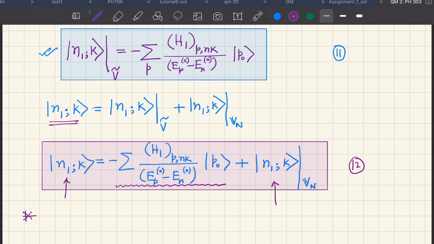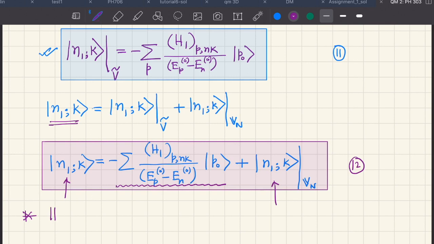One is the second order correction to energy, which we had denoted by E_n^(k,2), and the component of n1k along the degenerate subspace. So we will calculate both these things from the order lambda squared equation.